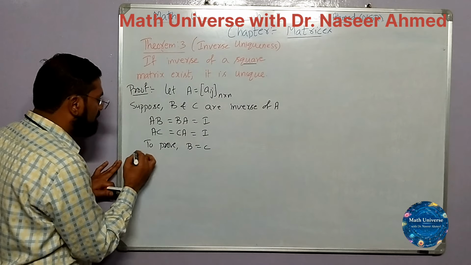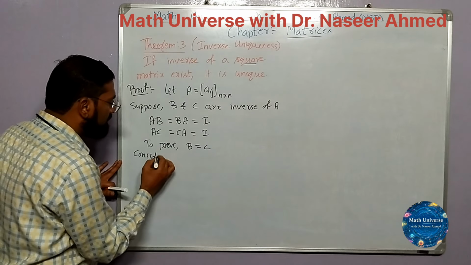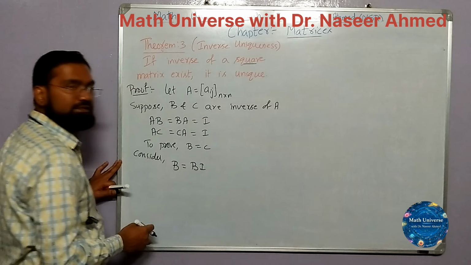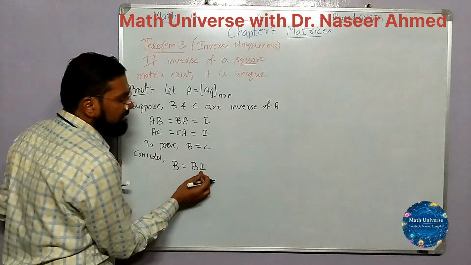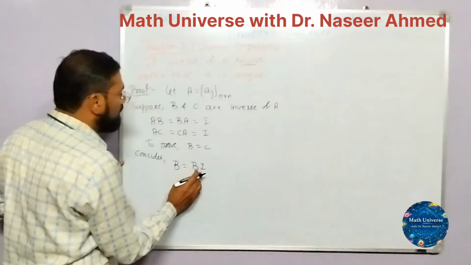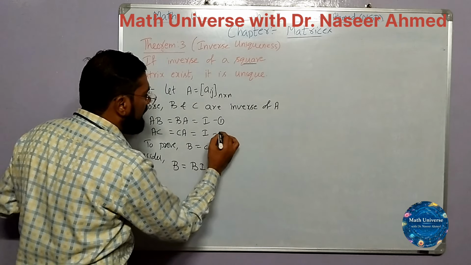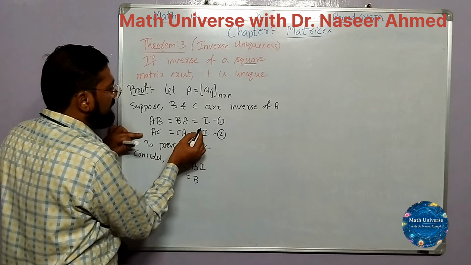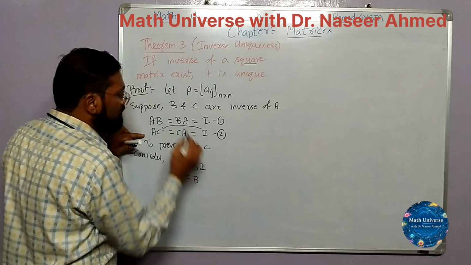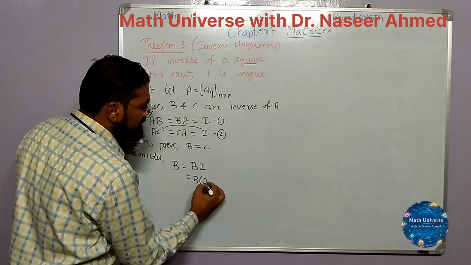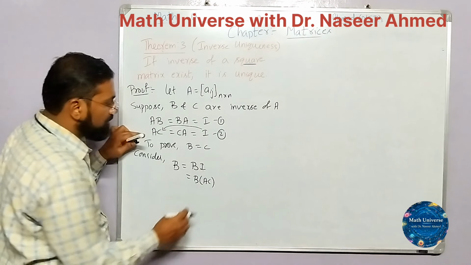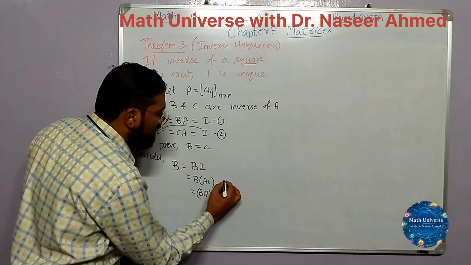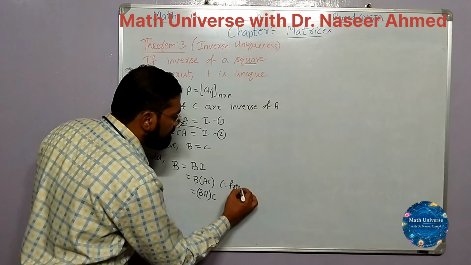So let's consider B. As we know, for matrix B I can also write B into I, because when I multiply any matrix B with identity, I get back B itself. Now from equation number 1 and 2, see carefully, I can write I as A into C. This I is A into C, and by using the associative property I can write this as B A into C. So I got this from equation number 2.